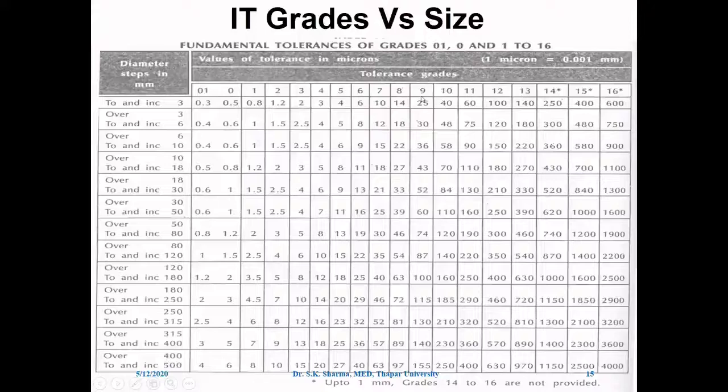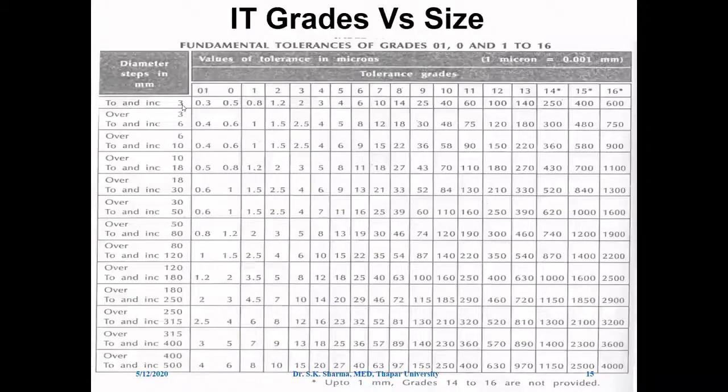You can pick up any one. Let us say we take this column of IT grade 9. You can see that within one column, as the size of the dimension increases, these values here basically represent the size of the dimension. So this is the dimension size that varies between 0 to 3. Next one is 3 to 6, 6 to 10, 10 to 18, and so on.